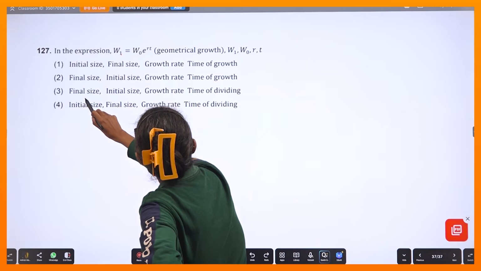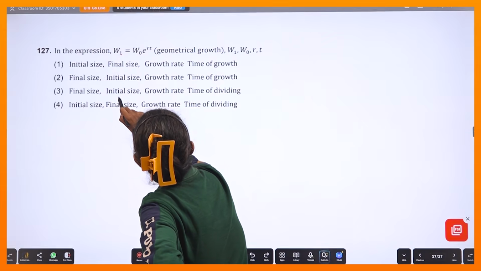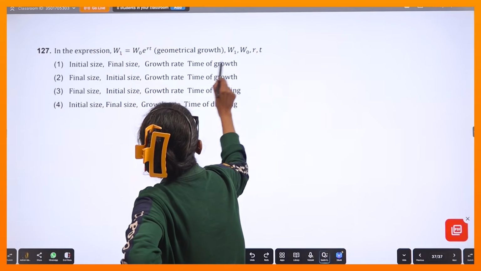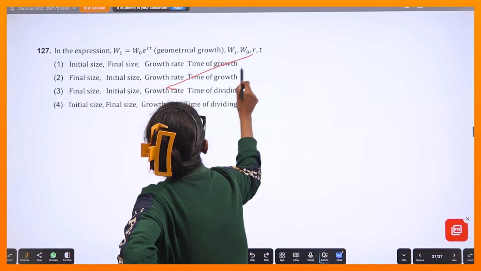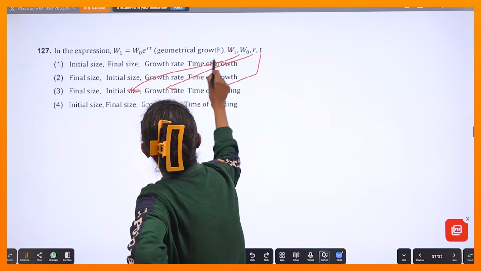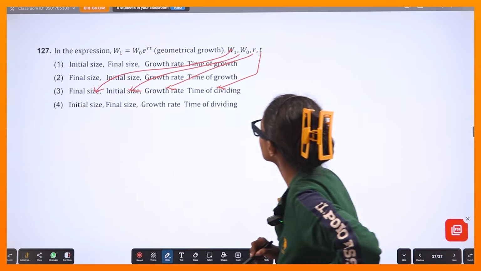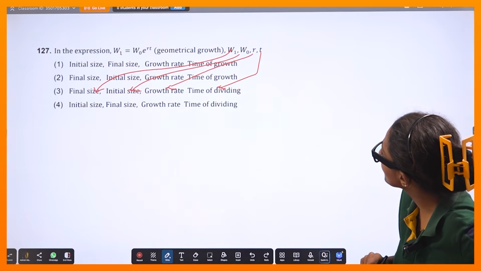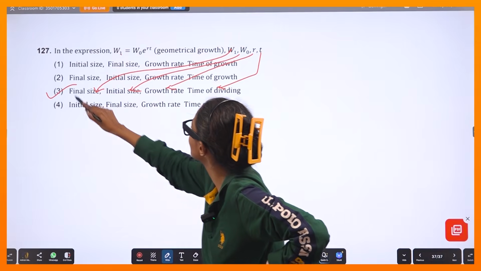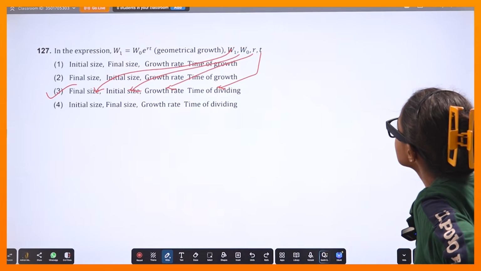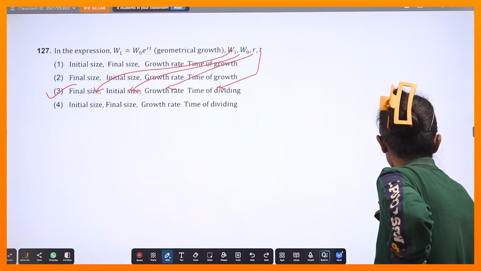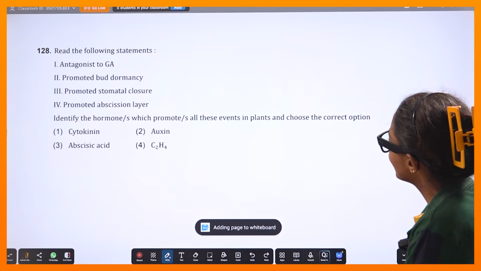W1 is the final size, W0 is your initial size, r is your growth rate, and t is the time of dividing. Option number 3. Yeah, so it's going to be option number 3. Right? Final size, initial size, growth rate, and time of dividing.